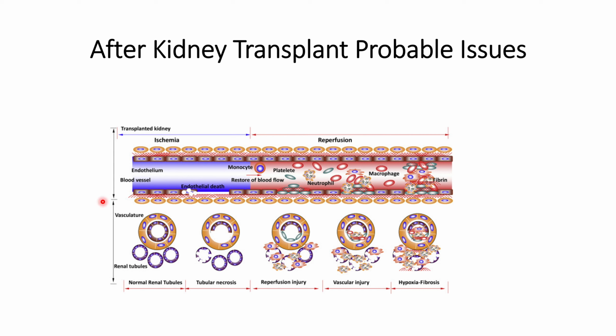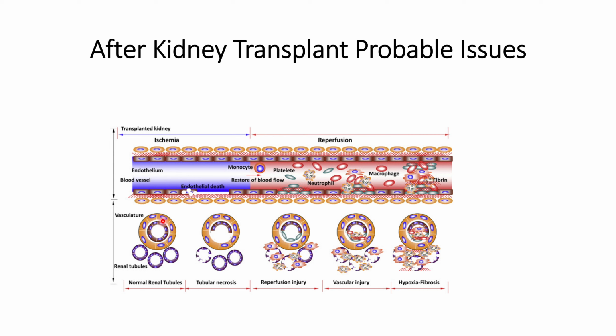Let us first understand the ischemia condition. What happens in ischemia? When there is a lack of blood supply, the vessels contract, and simultaneously some cell death also occurs because the cells are not able to get sufficient blood supply or food that usually comes from the blood.